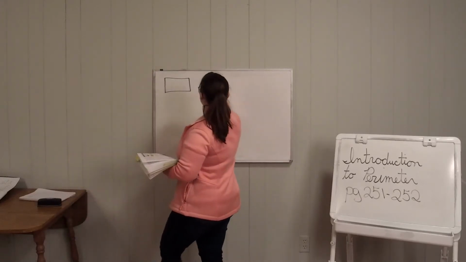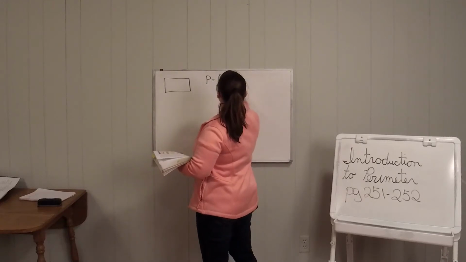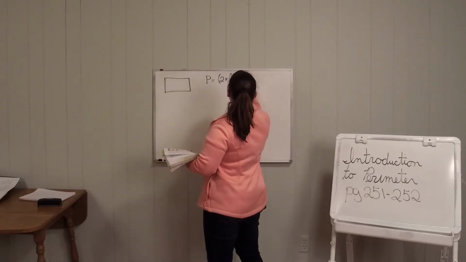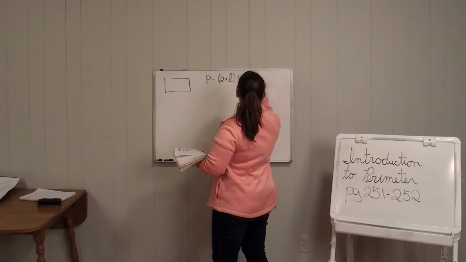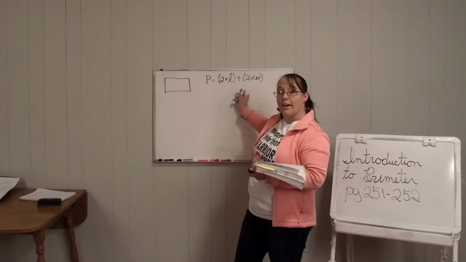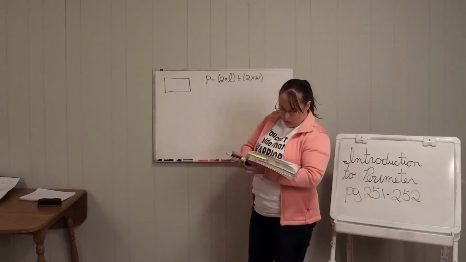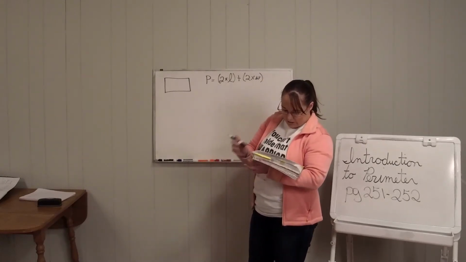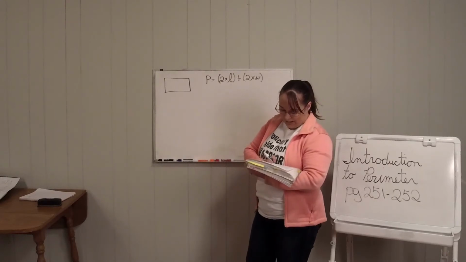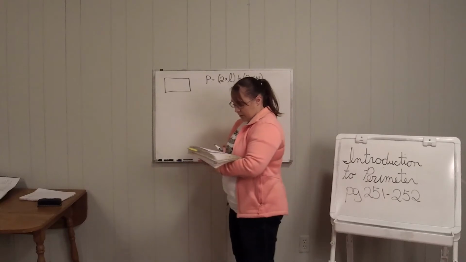We know that we're going to use the 2 times the length plus 2 times the width. That's the easiest formula you're going to have. Alright, so his yard is 96 yards long and 49 yards wide. How many yards of fencing does he need?